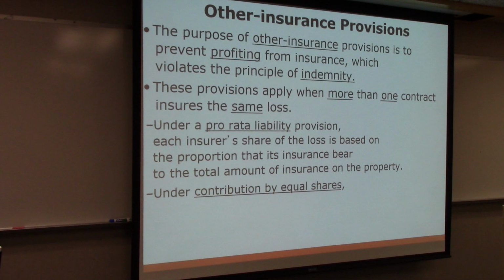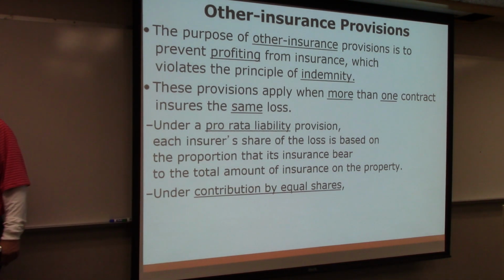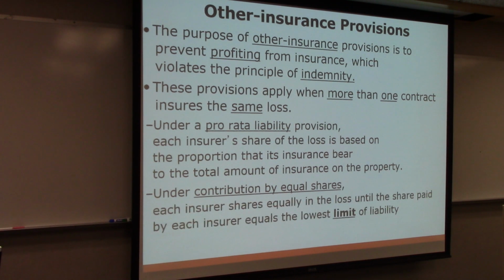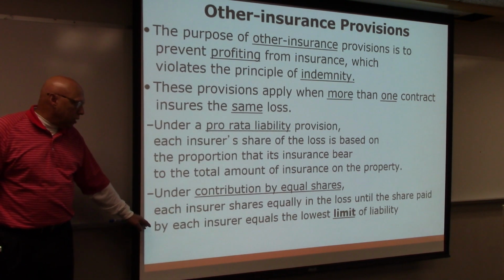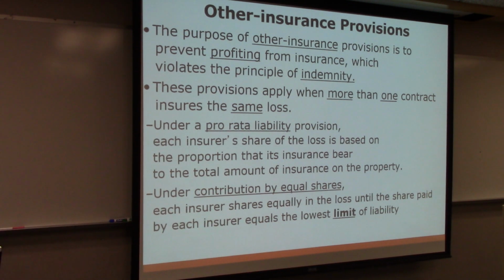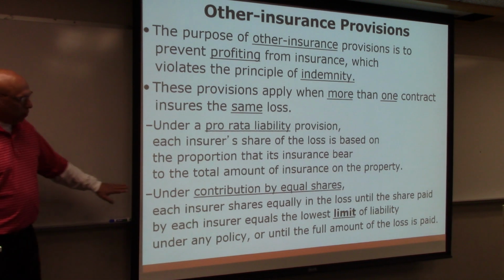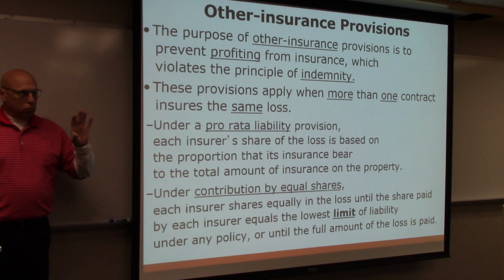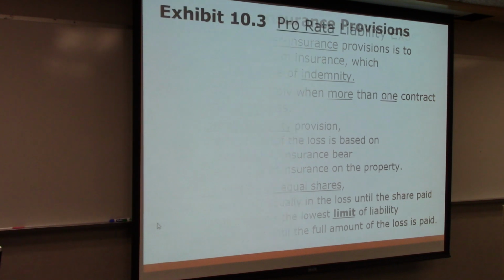And then you have contribution by equal shares. And it's a different calculation, which we'll see in just a second. So each insurer shares equally in the loss until the lowest limit is reached, or until the full amount is paid. So let's look at two examples and it'll become clear.